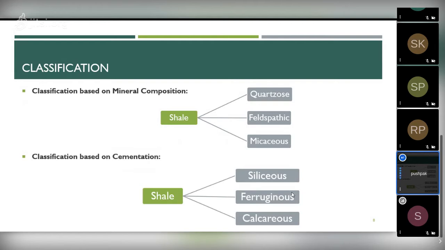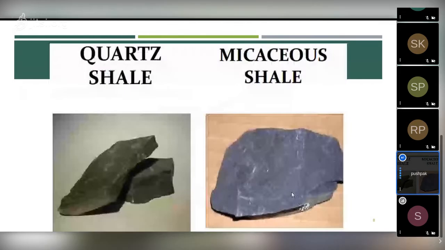Accordingly, shales are classified into three types based on cementation: siliceous, dominance of silica; ferruginous, dominance of iron oxide; and calcareous, dominance of calcite. You can see images of a quartzose shale and a micaceous shale.